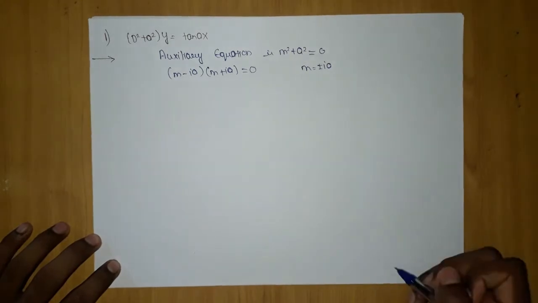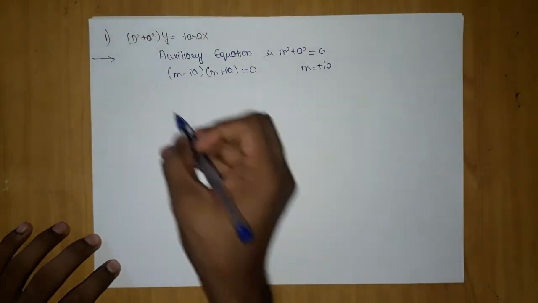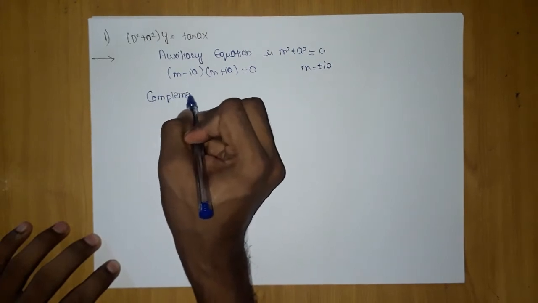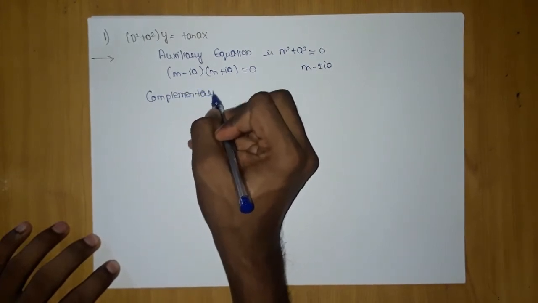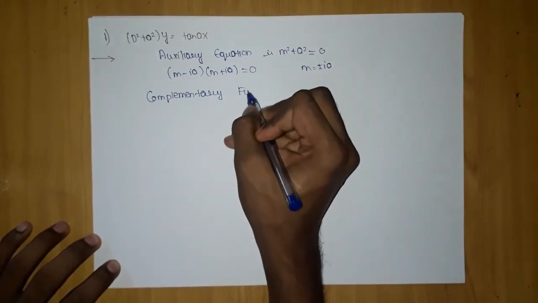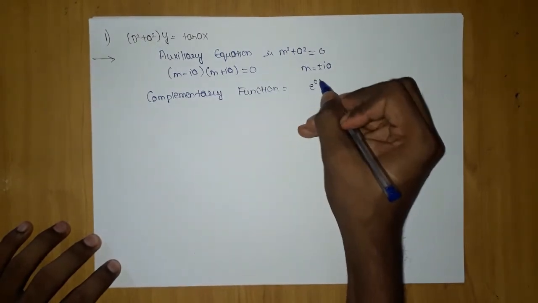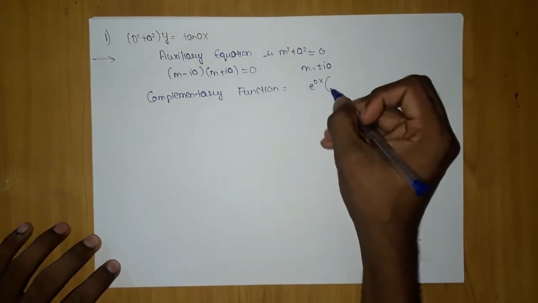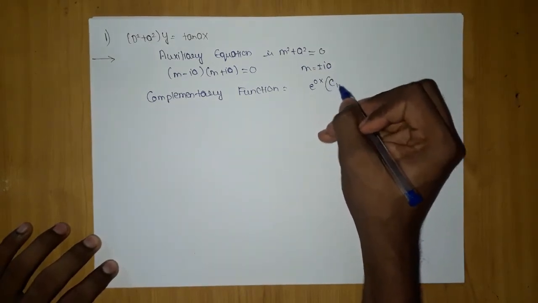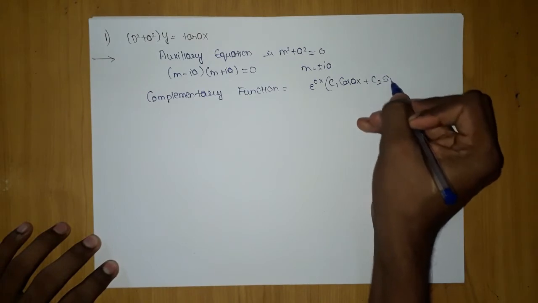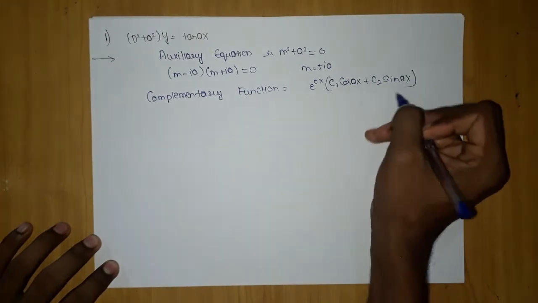So we are getting this, right? Now the complementary function is given by e to the power 0x, since the real part is 0, into c1 cos ax plus c2 sin ax.